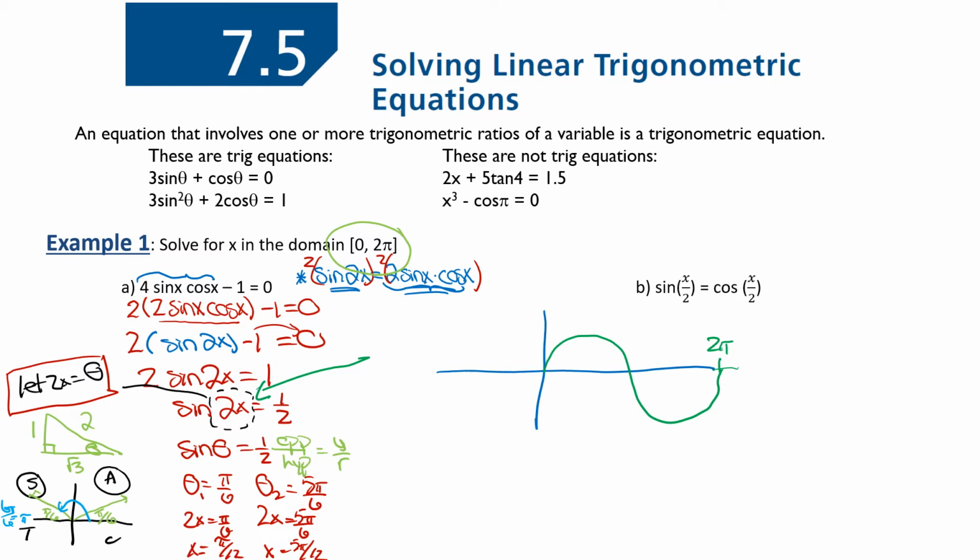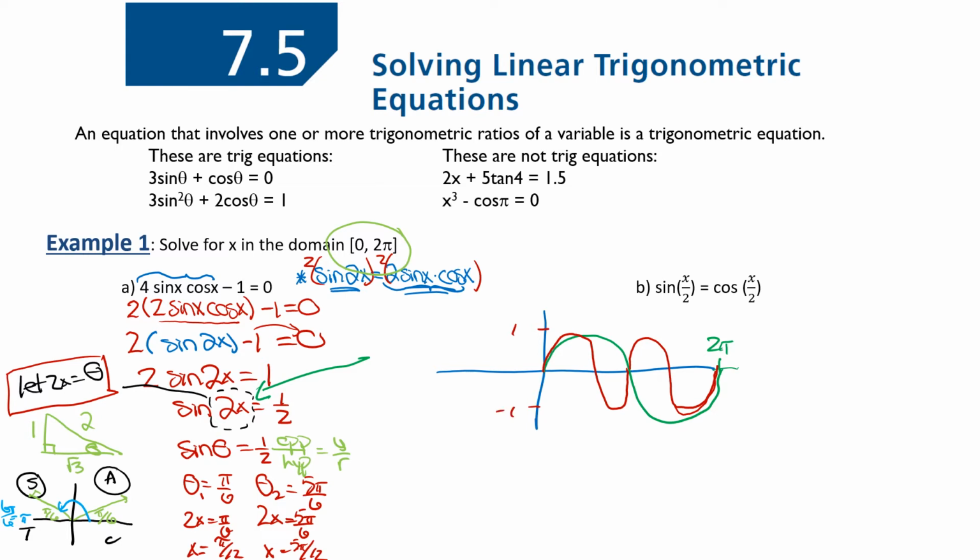That's really a horizontal compression by a factor of 2. So that means my wave is really actually looking like this. So in the domain of 0 to 2 pi, I can fit a whole other cycle in there. That should be going down as low as that one. I can fit a whole other cycle in there. Here's 1, and here's -1.